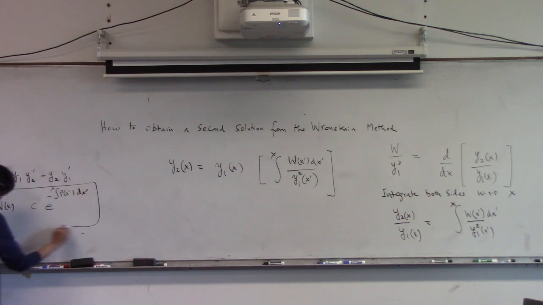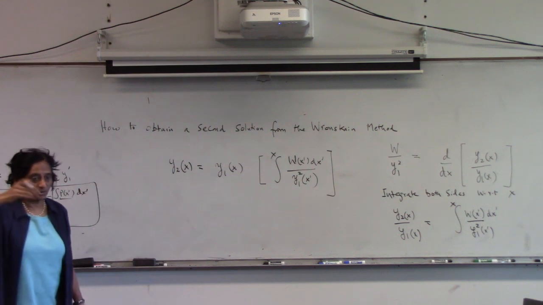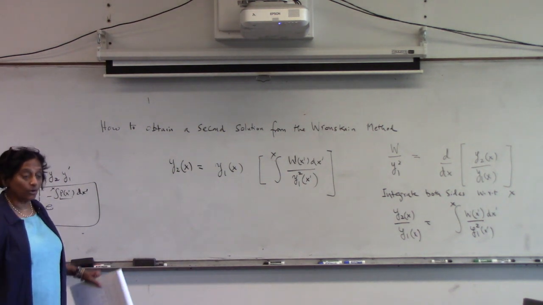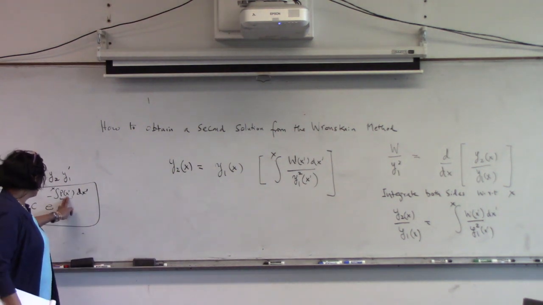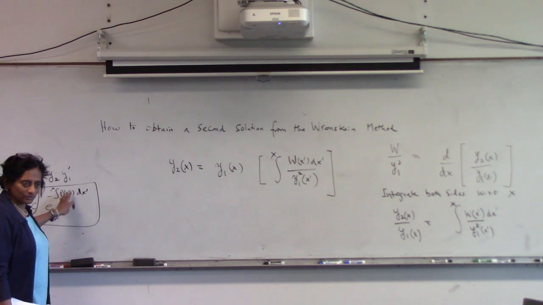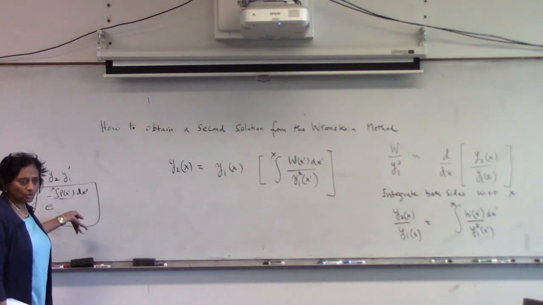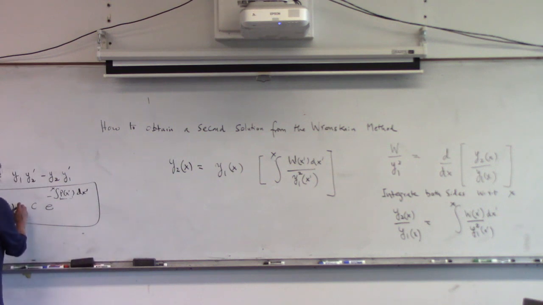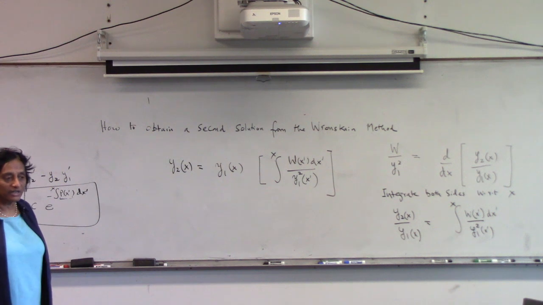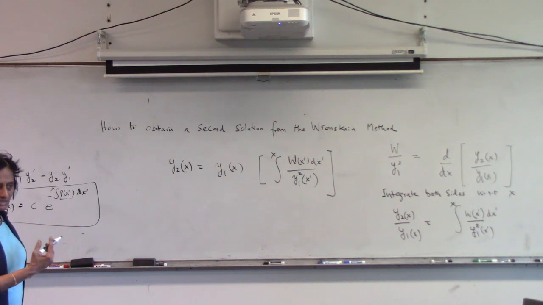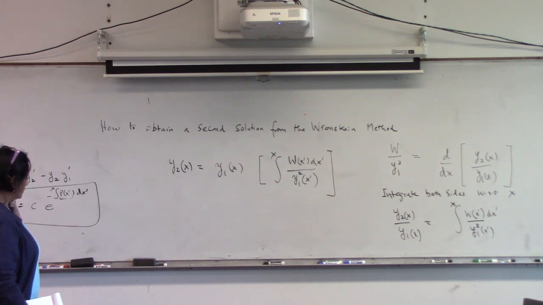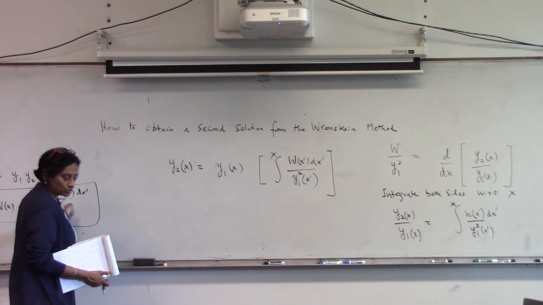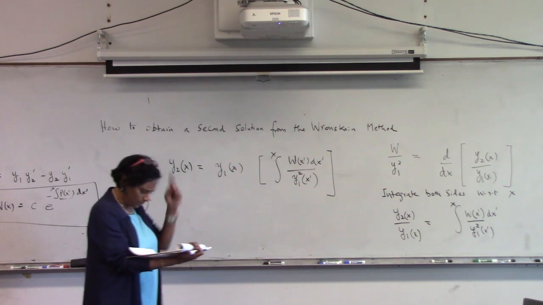Here p is nothing but the coefficient in your differential equation in the canonical form, which you always know. So if it was a cosine x or whatever it was, you know how to calculate that integral. So this gives another expression where the Wronskian can be calculated from a given differential equation. You don't need a solution to calculate the Wronskian. This is a very useful formula. Okay, so let me tell you how we get it.